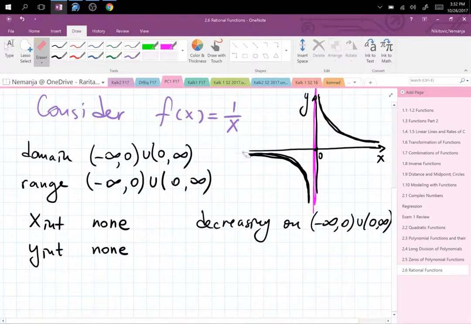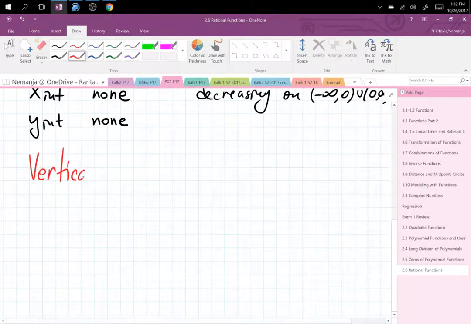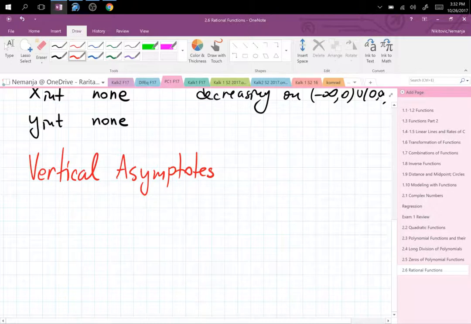So now we're going to take a look at definitions of these so that we can work out some problems. So vertical asymptotes. For the most part, in Precalculus 1, we have the vertical asymptote when the denominator is equal to 0.